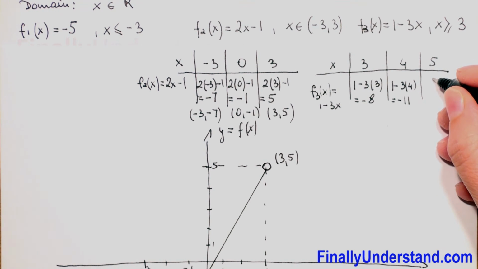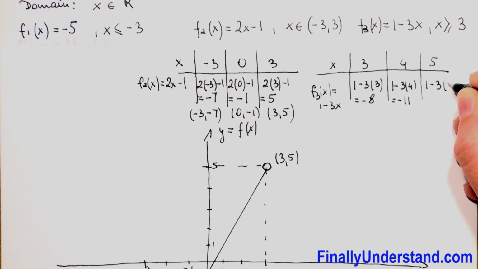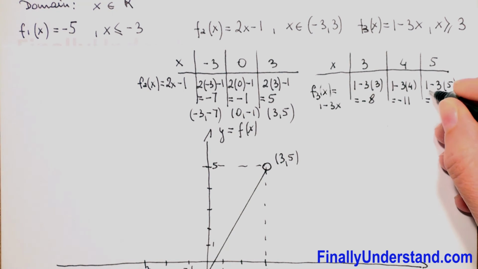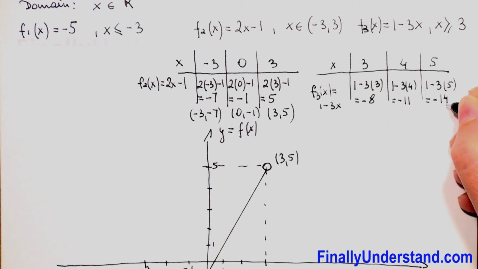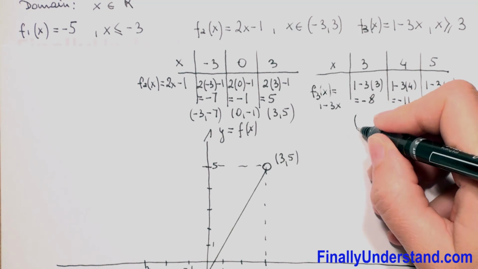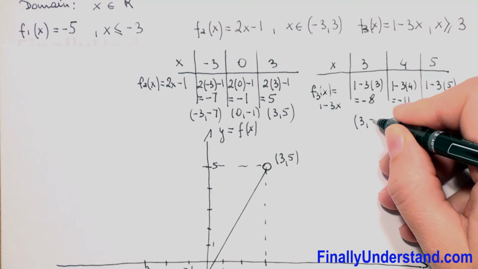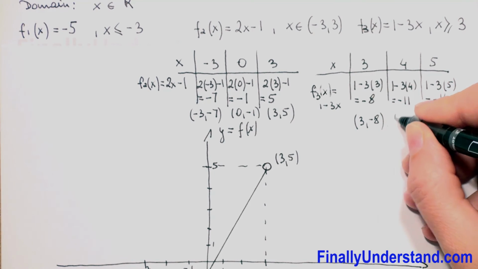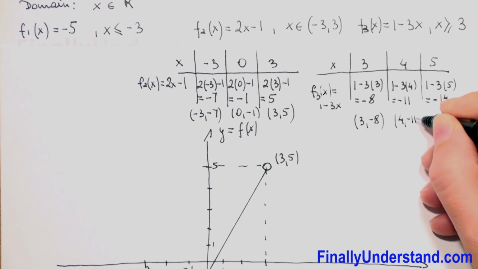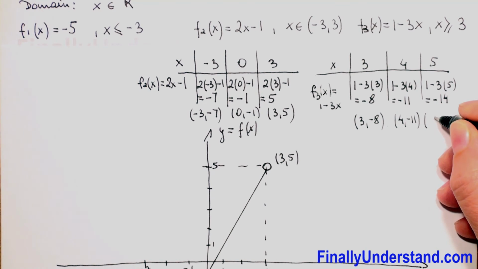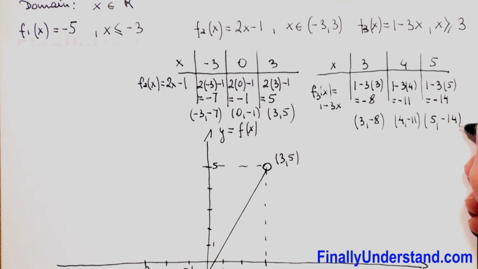And now we have to replace x by 5. So we have 1 minus 3 times 5. This is equal 1 minus 15, so it's negative 14. So we have 3 points, 3, negative 8, 4, negative 11, and 5, negative 14.